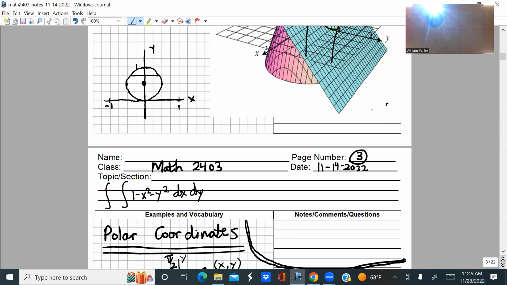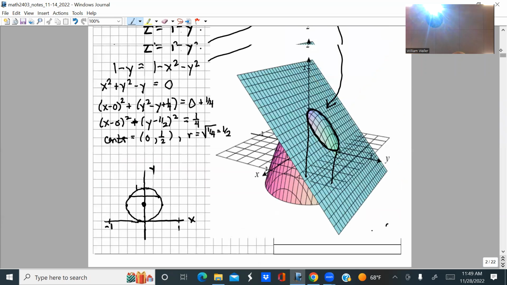Okay. And what now will be my limits of integration if we're integrating with respect to x first? In other words, if we have fixed the y value and we're letting x vary from left to right across the region of integration, the question is, what is that point? What's that point? Is that easy to figure out?